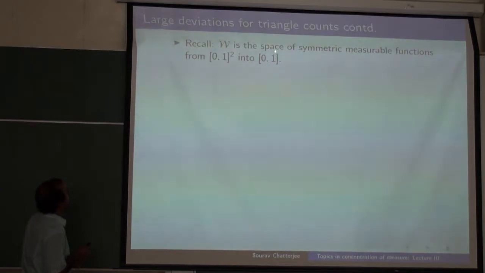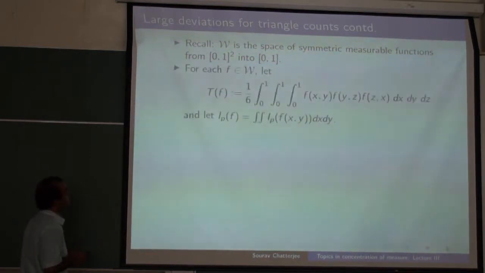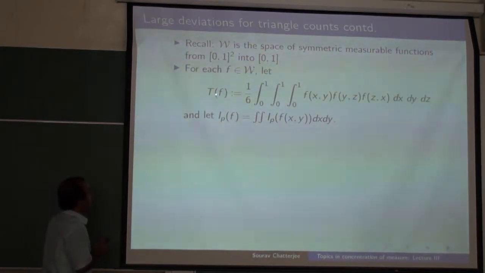Okay, so here is the result, large deviations for triangles. Recall that W is the space of symmetric measurable functions from [0,1]^2 to [0,1]. Define a functional T(f) as one sixth of the triple integral of f(x,y) f(y,z) f(z,x). That's basically the triangle density.